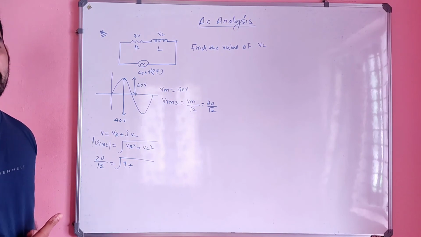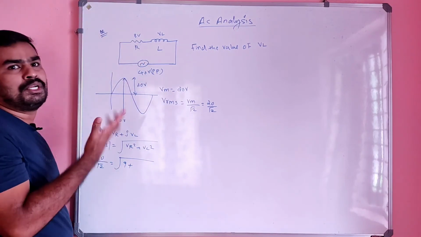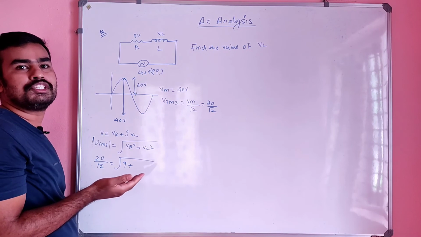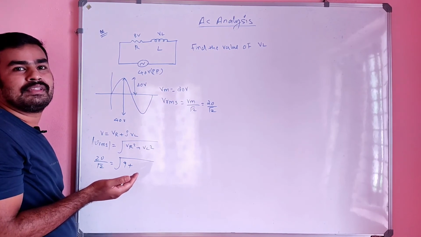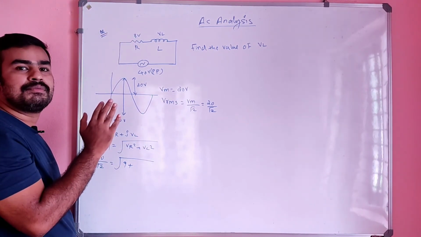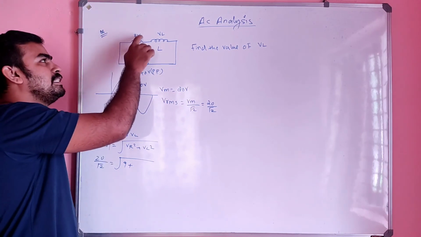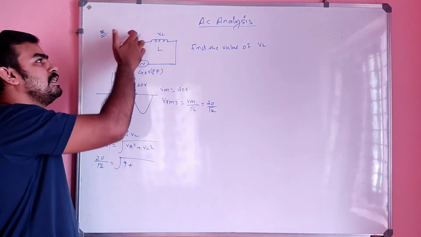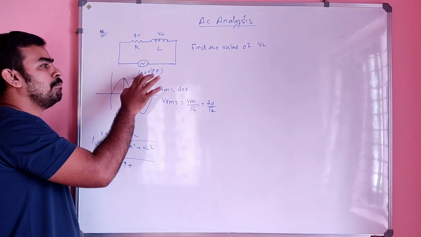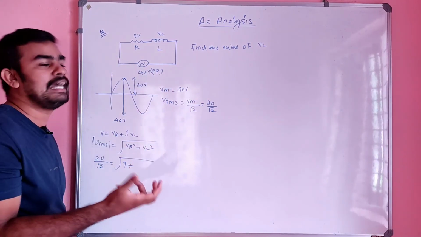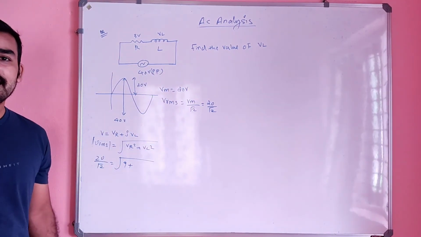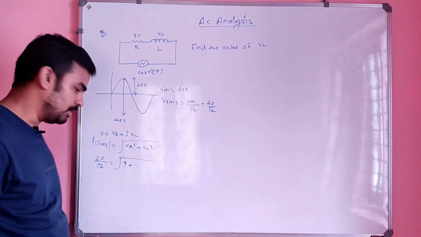That is the difference. Where it is not mentioned whether it is maximum or not, we can take it as an RMS value, because it is a standard value given. But here it is already mentioned that it is 40 volt peak to peak. That's why we have to find the RMS value here.